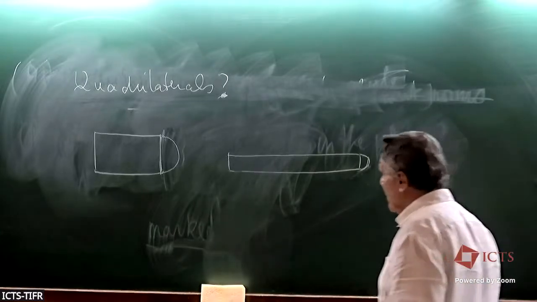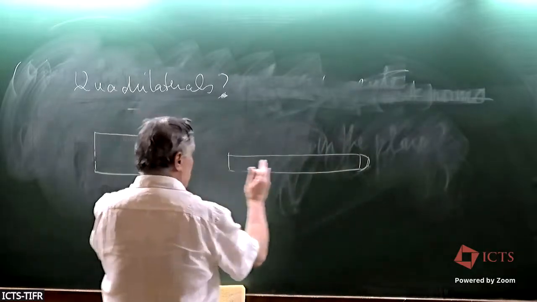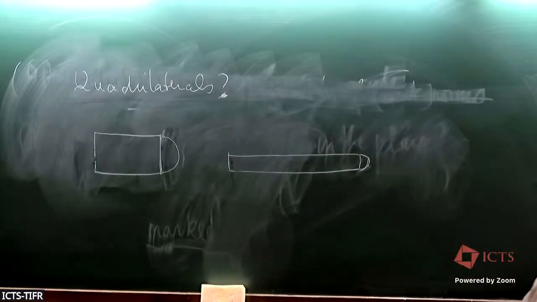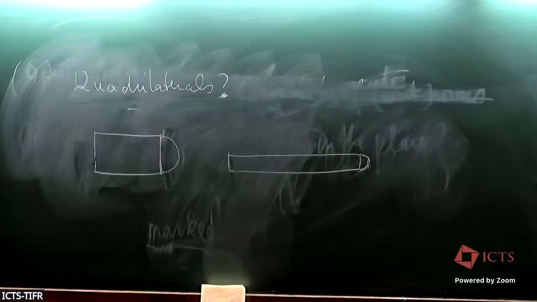Does the best Lipschitz map necessarily map this rectangle to this rectangle and the disk to the disk or not? If you can answer this question, then I think you can develop the theory for this space of shapes. I have some pictures there I want to show you for other kinds of shapes.